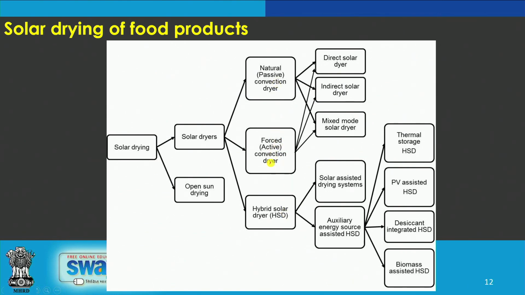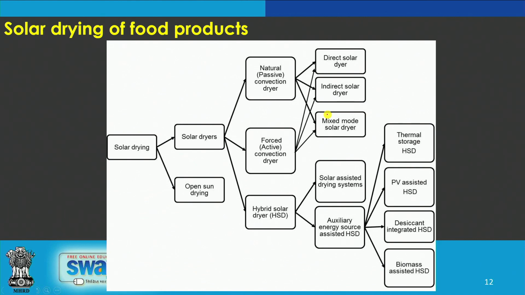The natural and forced convection solar dryers can again be classified into three common designs, that is direct, indirect and mixed mode solar dryers, whereas hybrid solar dryers are coming into the picture because solar dryers have certain limitations, they cannot be used throughout the day and night.